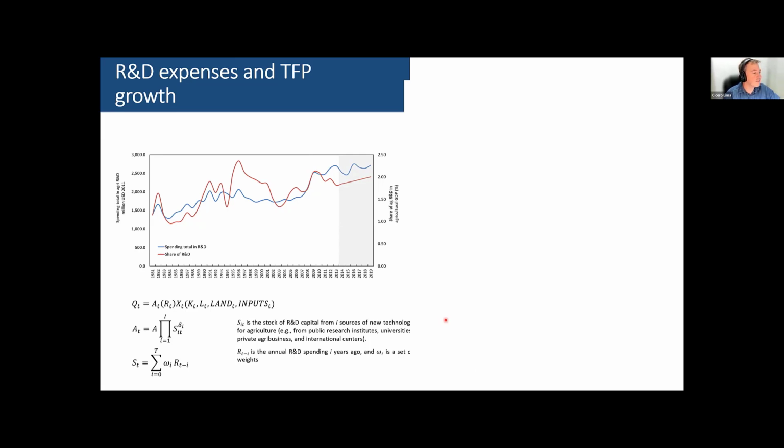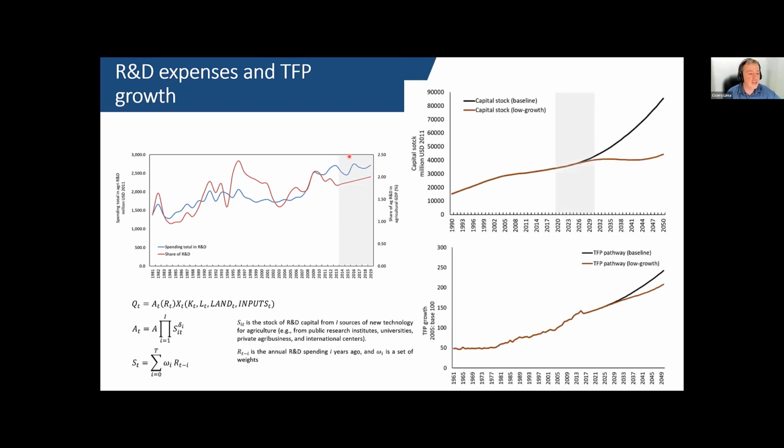The idea is you have this trend for agricultural R&D expansion, and we translate this into a scenario of capital stock for agriculture and also for TFP growth. I'd like to highlight here that we are freezing, for example, from 2020 to 2030, the nominal values of agriculture investment, and of course the real values are going down.